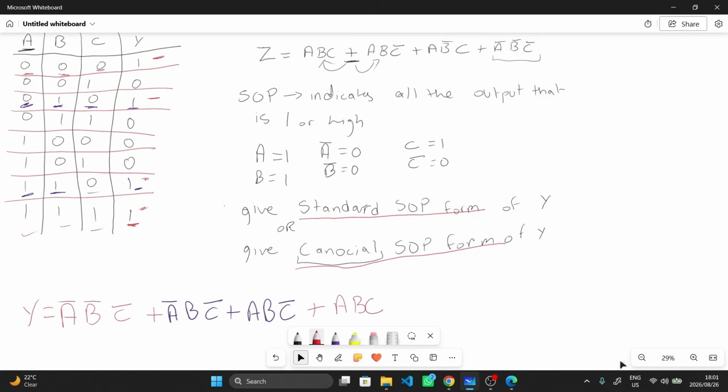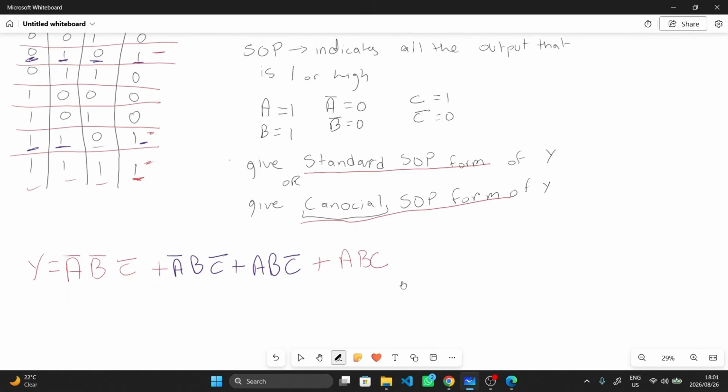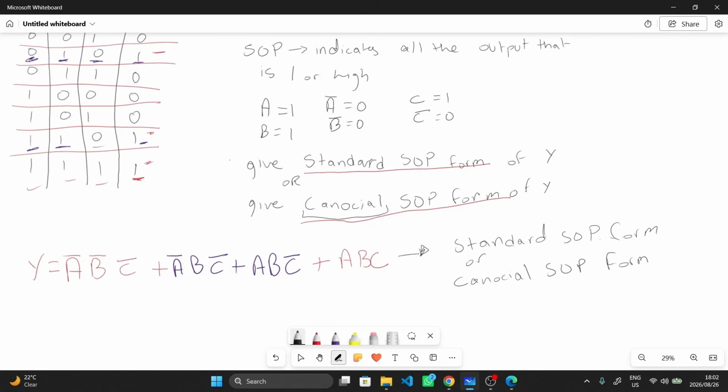So as you can see, this equation, we call it standard SOP, not R, SOP form, or you can say canonical SOP form, right?